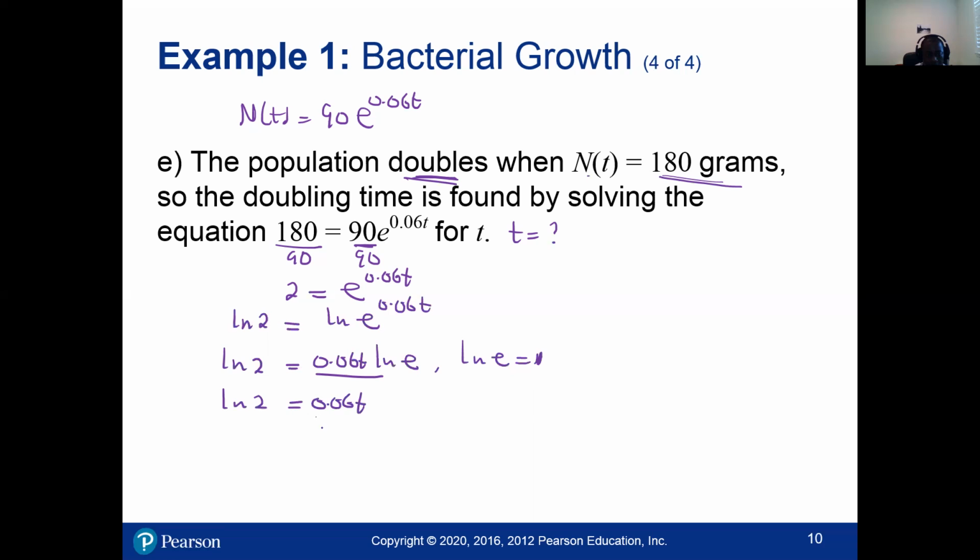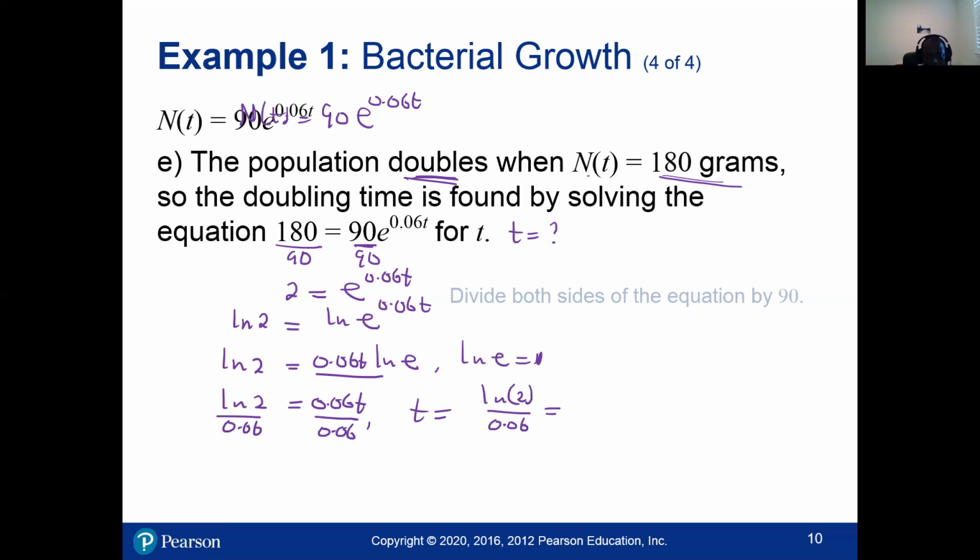Then divide both sides by 0.06. So T is equal to natural log of 2 divided by 0.06.